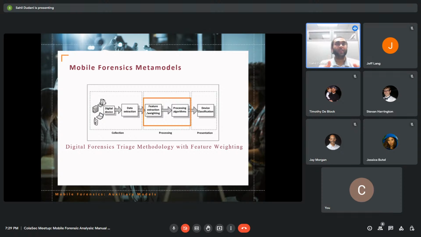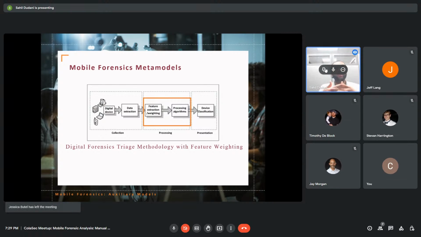When you feed data to a machine learning algorithm, you can either just feed it raw data and let the algorithm take the decision for you, or you can improve the decision making aspect of the algorithm by adding feature weighting. If you assign different weights to different features based on certain classification categories, you end up with a weighted score. So this model adds that phase in between.